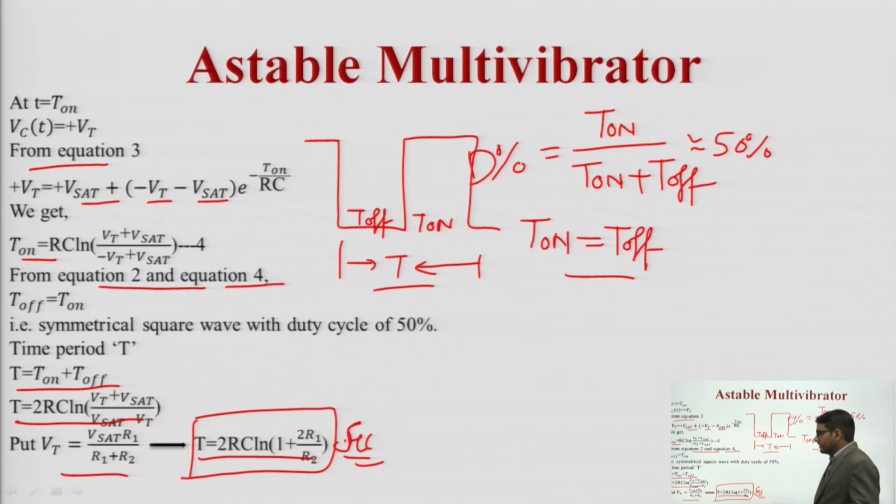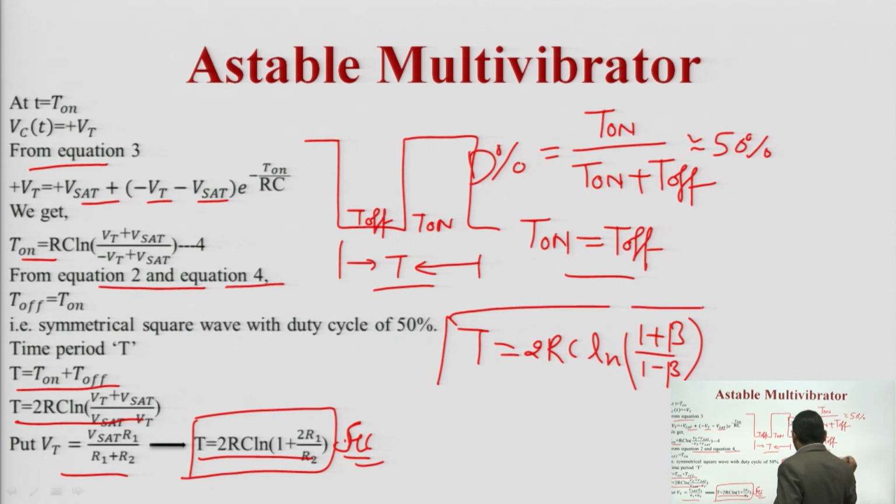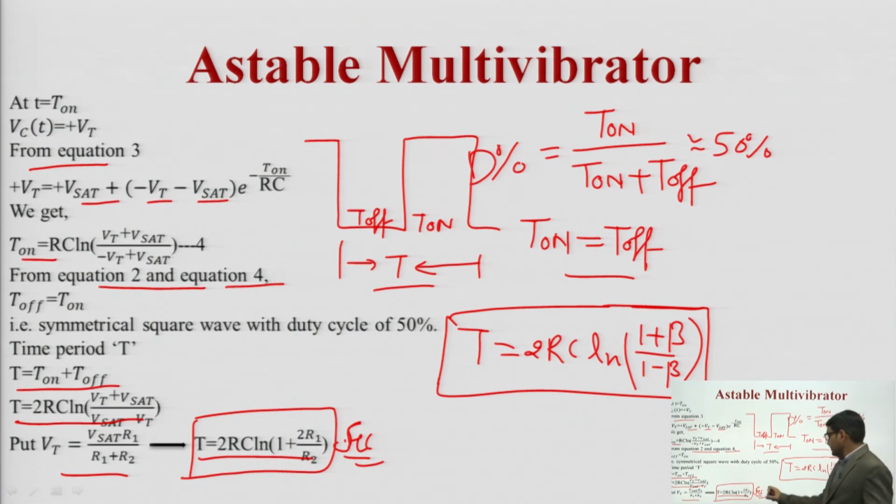If you consider it in terms of beta, then we get T equal to 2 RC ln of (1 plus beta) divided by (1 minus beta). This is the time period in terms of the feedback ratio.